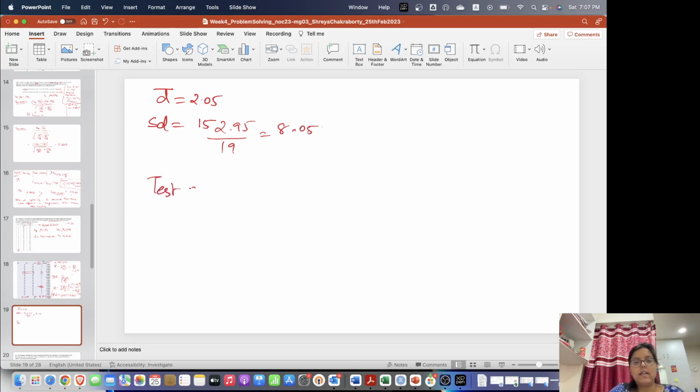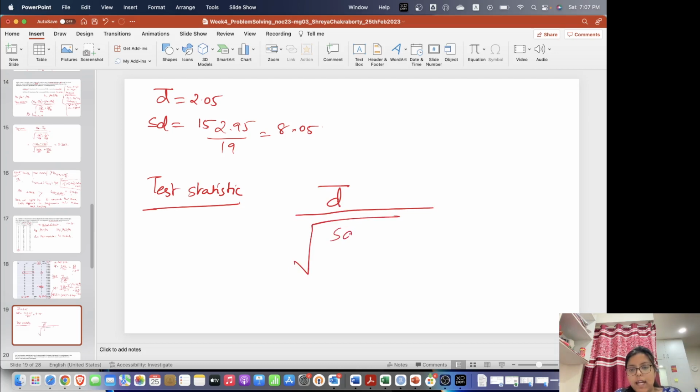So then the test statistic is d bar by SD by root n. So this will be 2.05 divided by 8.05 by 20. So how much do we get this as? Oh, sorry, one second. I made a mistake.